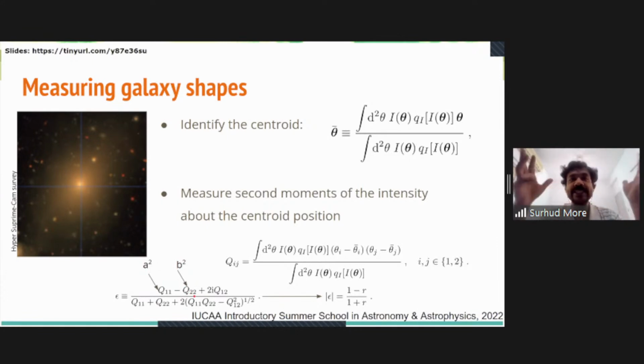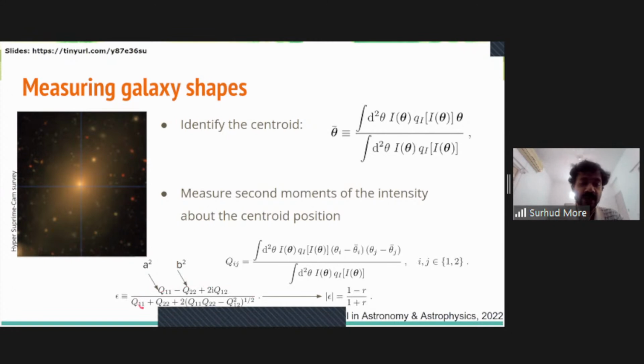And so the moments are related to the size of these major axes and minor axes. And then Q12 will be exactly equal to 0 because you are integrating along one axis and then along the other axis. So that will give you 0. And now let's consider the denominator, which is a square plus b square. Right? And so you have a square minus b square divided by a square plus b square.